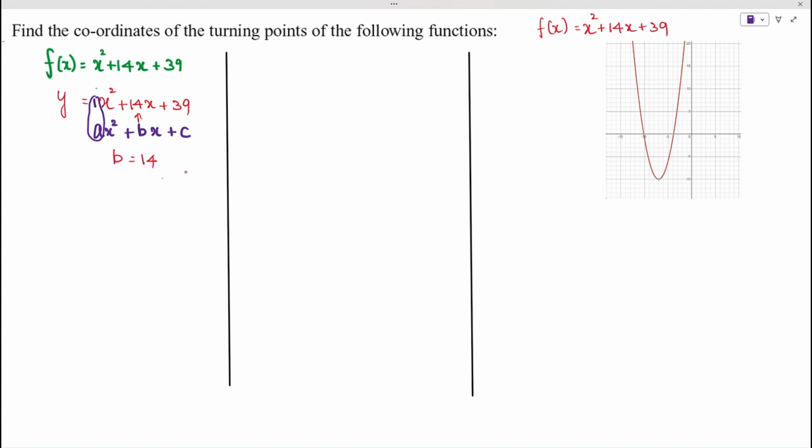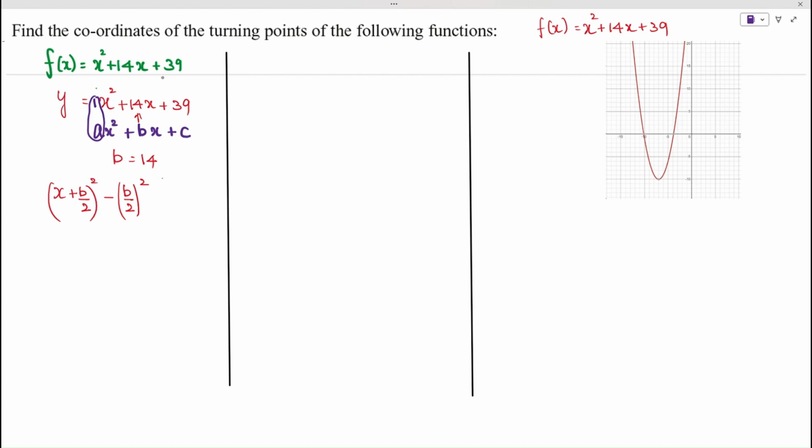And so now we write down our completing the square formula, which is x plus b over 2 the whole squared minus b over 2 the whole squared. And so we can substitute our value of b into our formula and then add it to our equation.